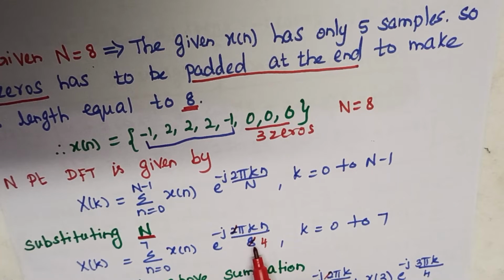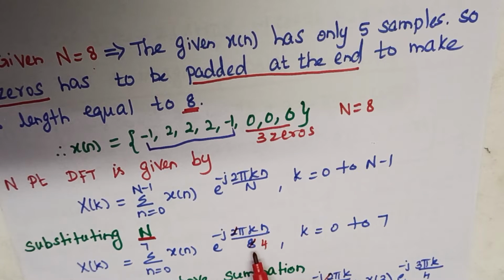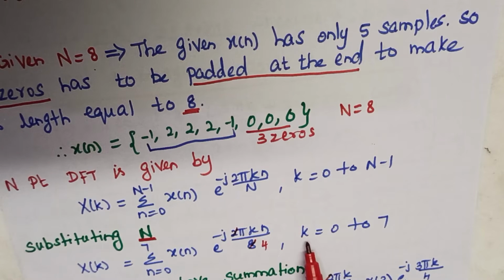Now this 2 and this 8 can be simplified, and we get pi k n by 4. The range of k will be from 0 to 7.